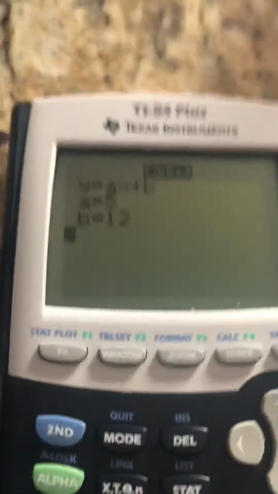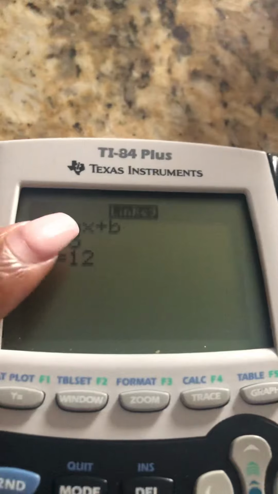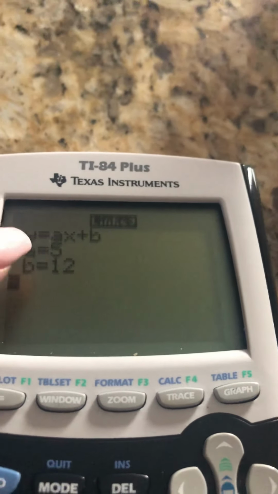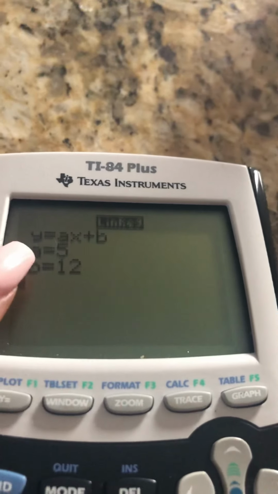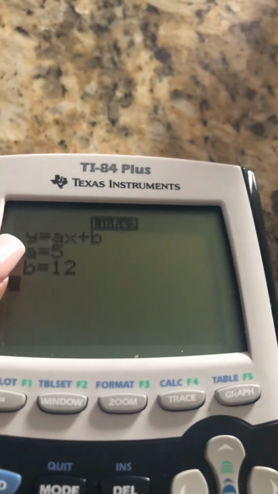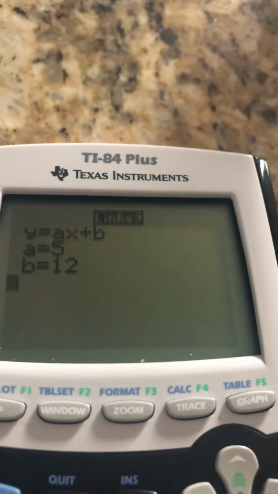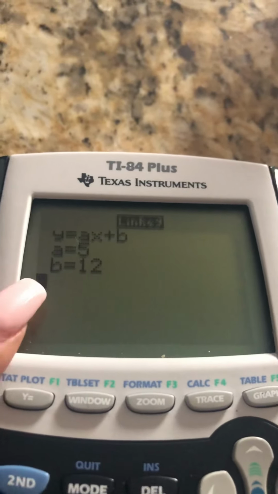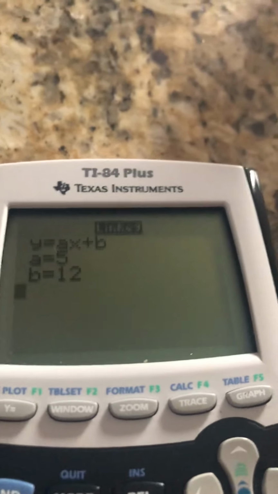Your slope should always be the number in front of the variable or the letter. So notice how it has A equals 5, B equals 12. Well, the A is in front of the X, so that means A is my slope. So my slope is 5. The B represents your y-intercept. So your y-intercept is 12.